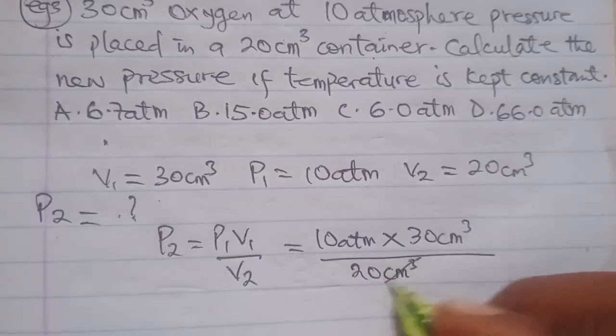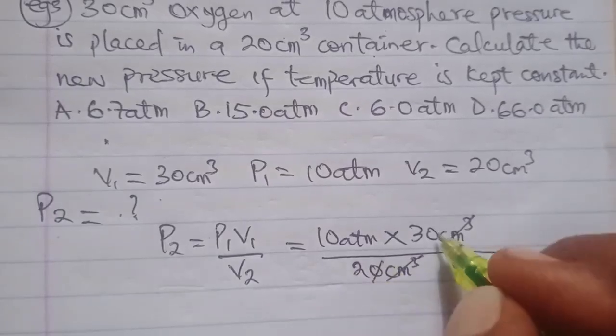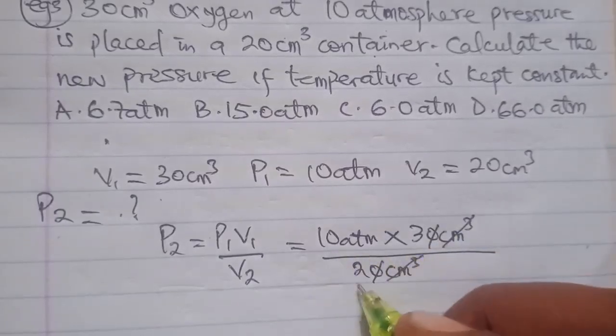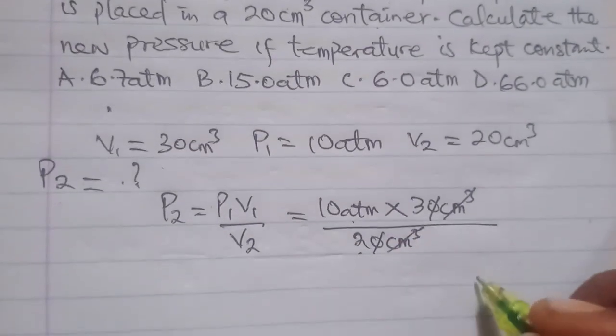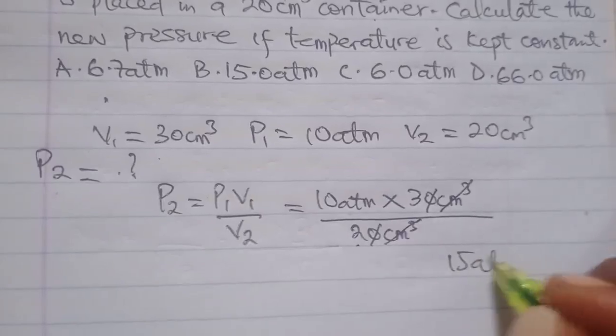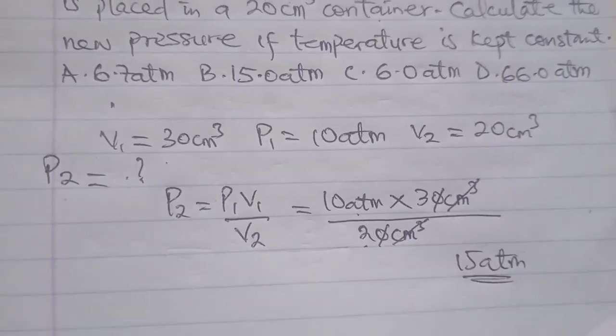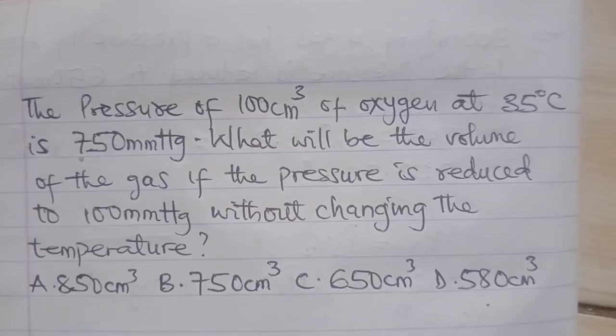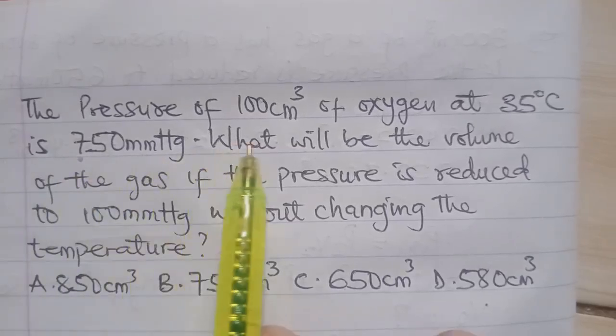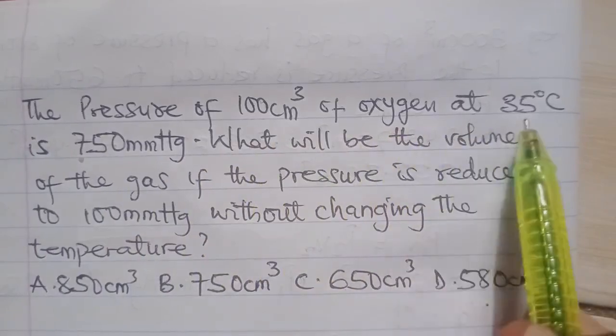From here you see cm³ will cancel cm³, 0 cancels 0. This is 30 divided by 2, which is 15 atm remaining. So we have 15 atm, which is option B.